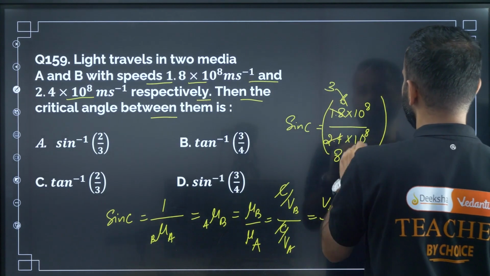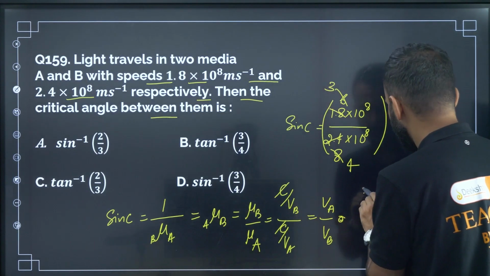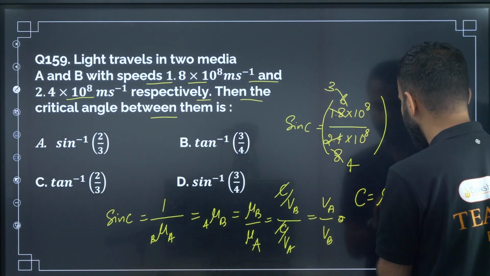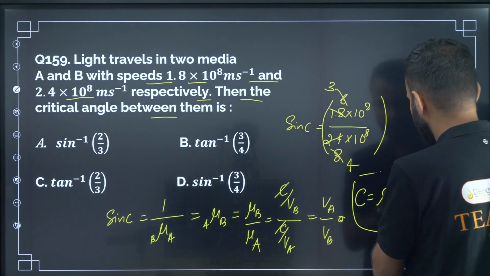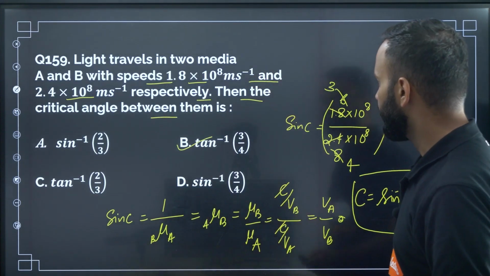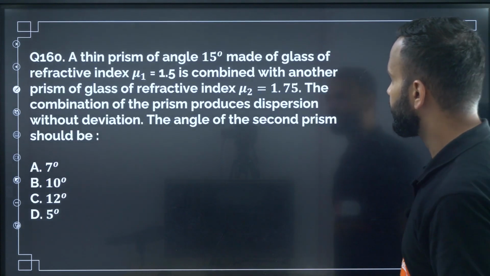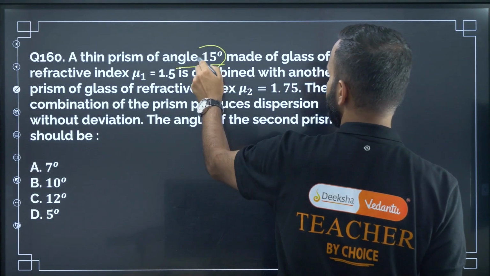Then 2 3s are 6 and 2 4s are 8, right? Now C is equal to sine inverse of 3 by 4. The correct option is B. Next question, question number 160. A thin prism of angle 15 degree. See here, 15 degree is a small angle.